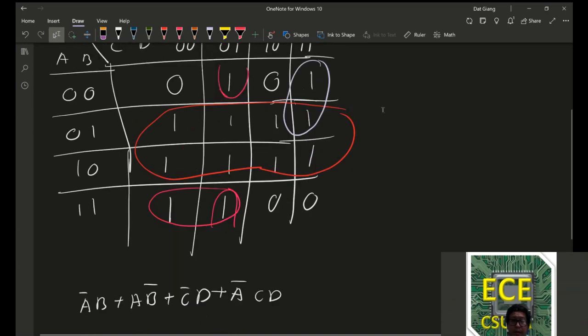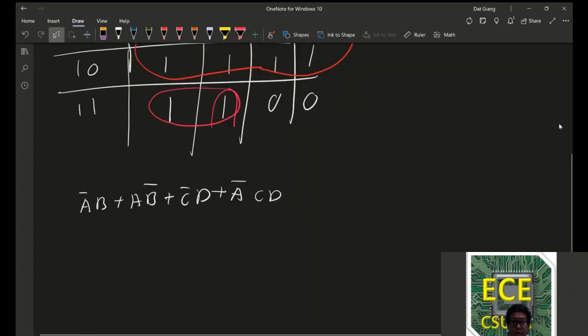And that is how we're able to simplify our function.